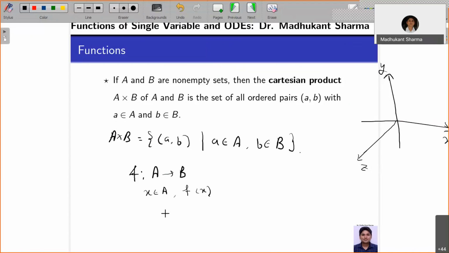So this A is called the domain of f. If you collect all the points f of X such that X belongs to A, that is called the range of f.